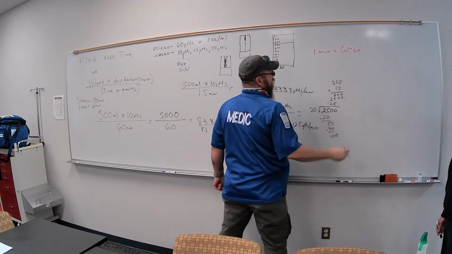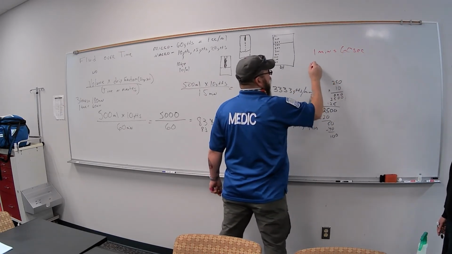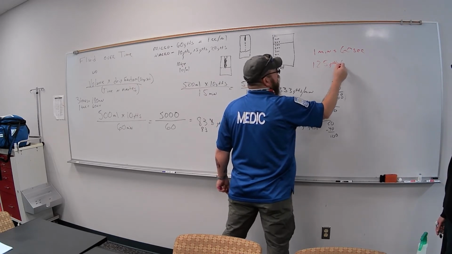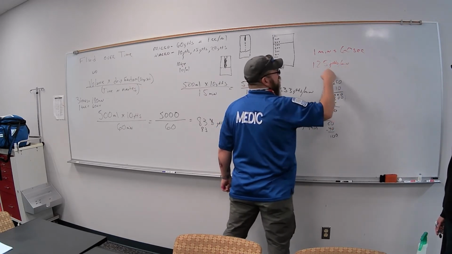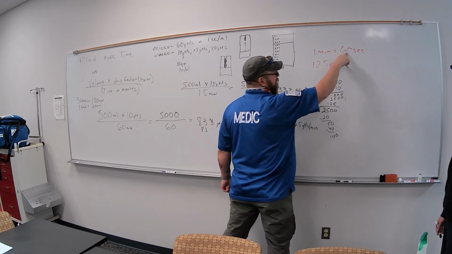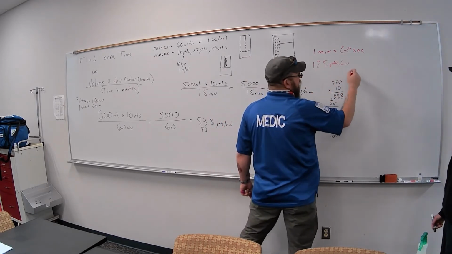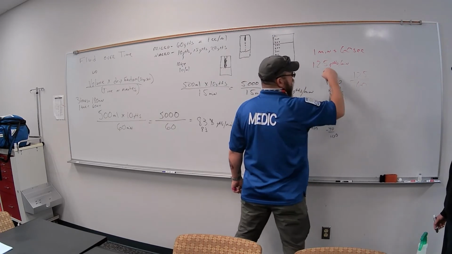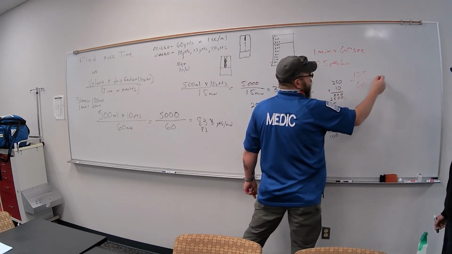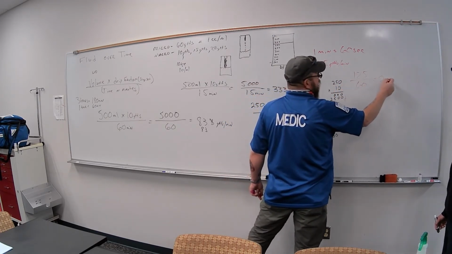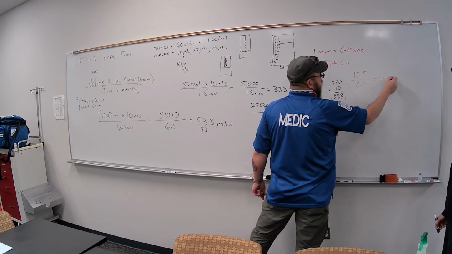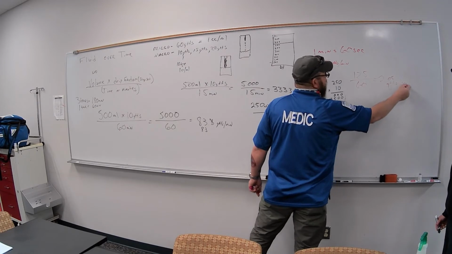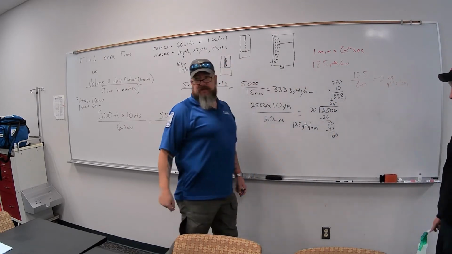So if I've got 125 drops per minute, that's 125 drops in 60 seconds. I take the 125 divided by 60, and I would get a little bit over 2 drops per second. Does that make sense?